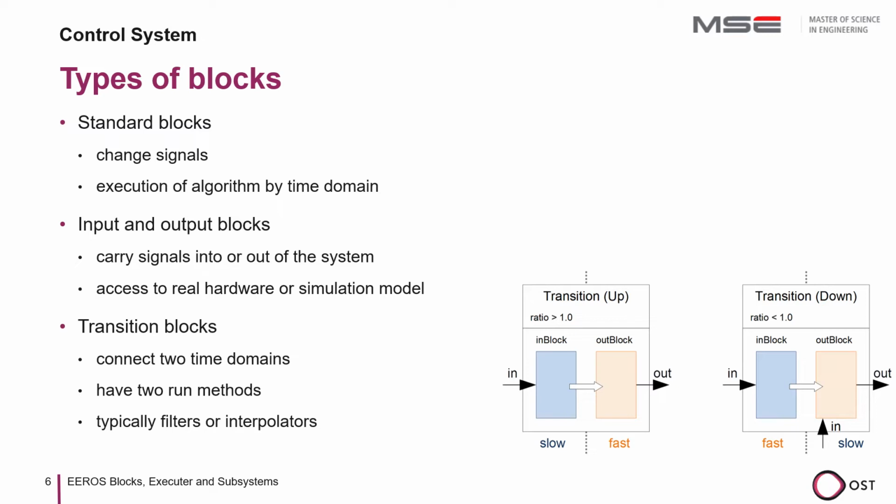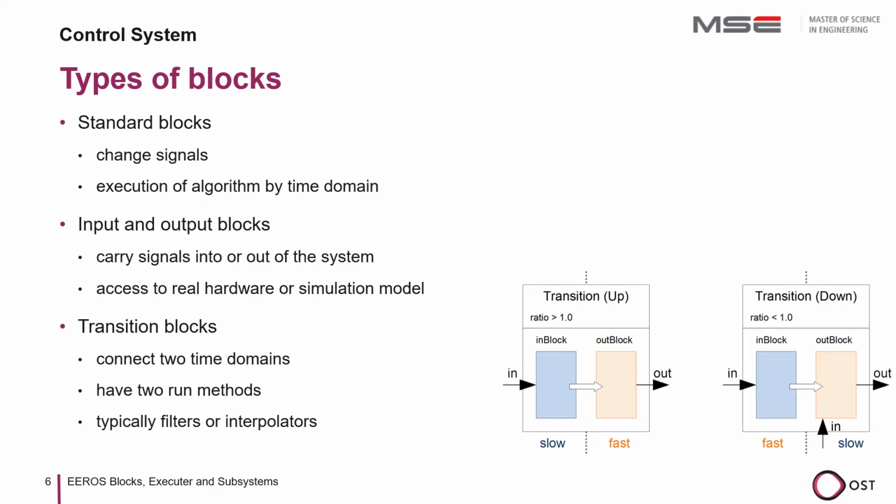Typical applications are filters or interpolators. In the example on the left, you can see a transition block where a slow signal goes in and a fast signal comes out. This could be, for example, a camera input that provides an absolute position estimation every 20 milliseconds. This measured value must be interpolated so that it can be combined with the measured value of an acceleration sensor by means of sensor fusion, resulting in a high-frequency position estimate.